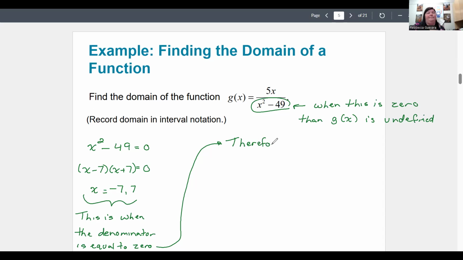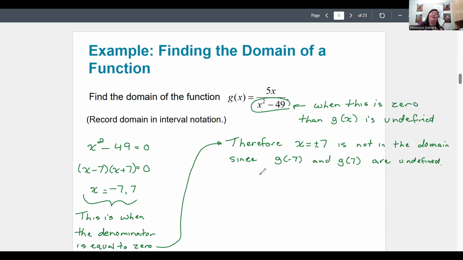Therefore, x equals plus or minus 7 is not in the domain, since g of negative 7 and g of 7 are undefined. Because once x is 7 or negative 7, we'll get 0 in the denominator. That means the function at negative 7 and the function at 7 is undefined. So they can't be in the domain.